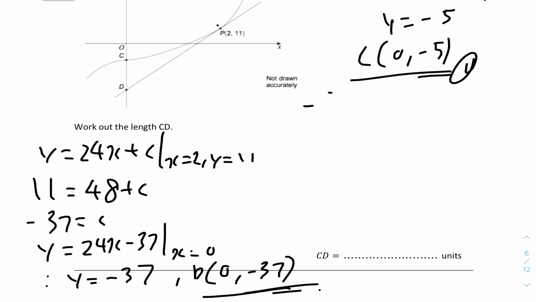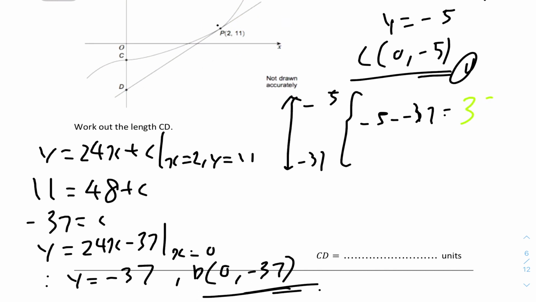To get from minus 5 all the way down to minus 37, you will just do minus 5 minus minus 37. That will get you a value of 32. That means the distance between C and D is 32 units. So CD equals 32 units.